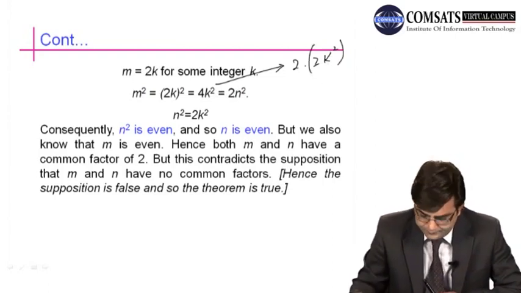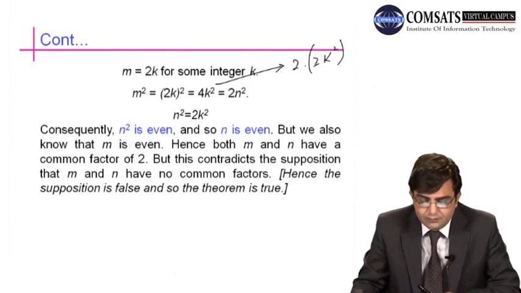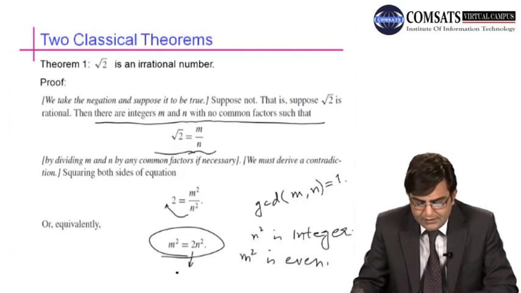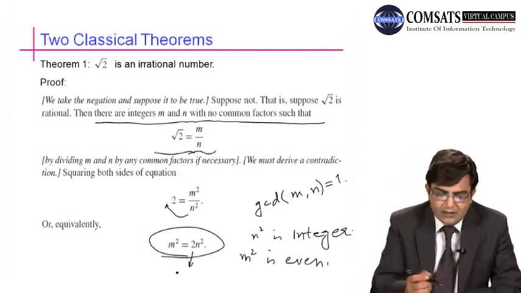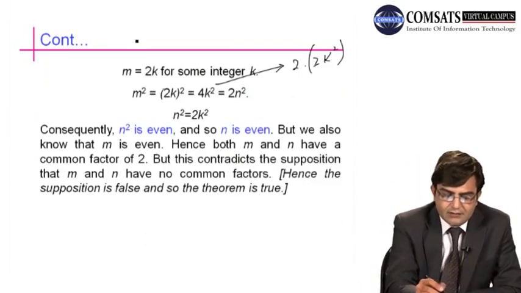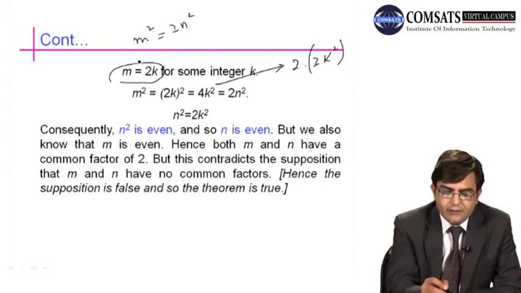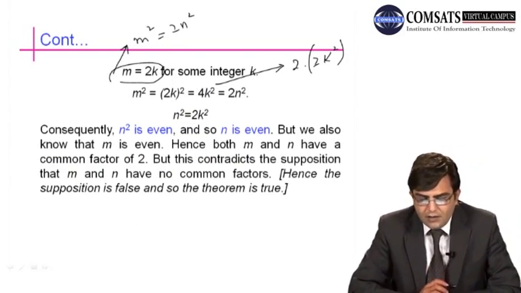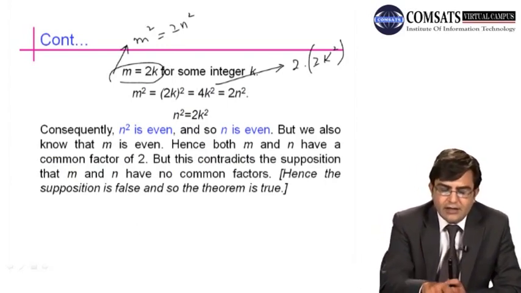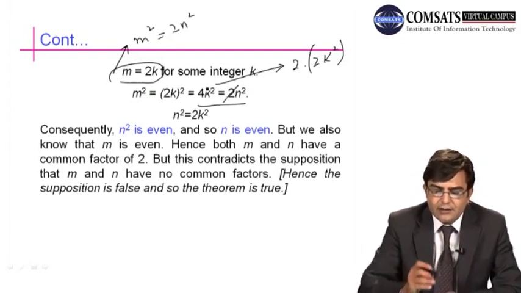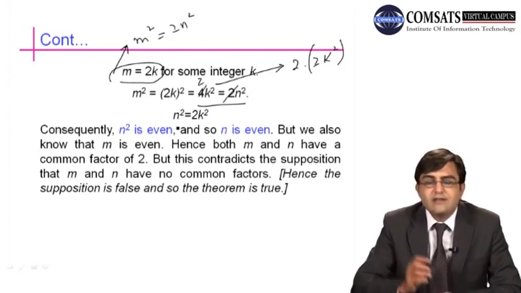As we have seen, m square is equal to 2n square. If we put the value m equal to 2k here, we obtain 4k square is equal to 2n square, and 2 is cancelled out with 2 here, so n square is equal to 2k square.